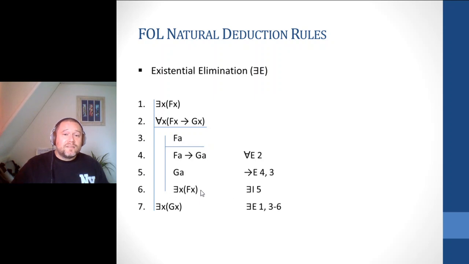And now we have a sentence that does not feature our arbitrary name, and we can take this sentence and export it back out using existential elimination, close our subproof, discard our arbitrary name, and get out something that we know must follow from this existential. And we've shown it follows from this existential by using our arbitrary name. That is a name that literally could stand for any object in the domain whatsoever.